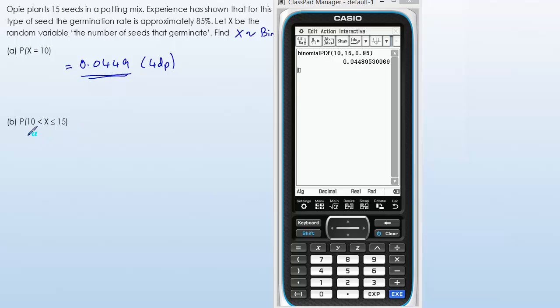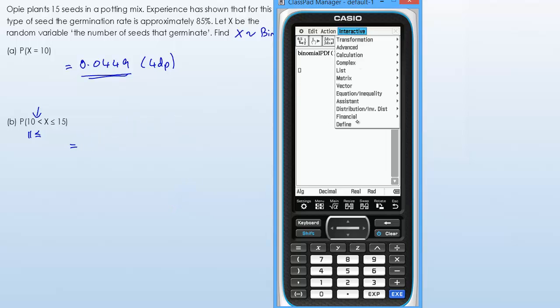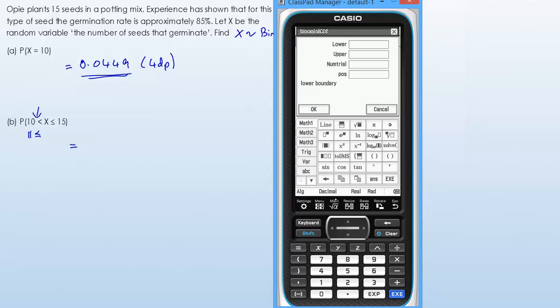So 10 to 15, 10's not included, so actually this would be 11 if we do less than or equal to there. So we have a range of values here. So what we want to do is use the binomial CDF. So that's from 11 to 15.